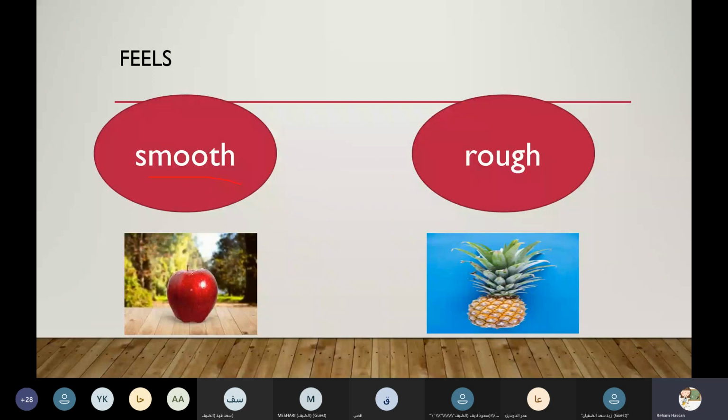Yes, it's smooth. But others are rough, like this pineapple. It's rough. So some matter feels smooth, like this apple, and others are rough.